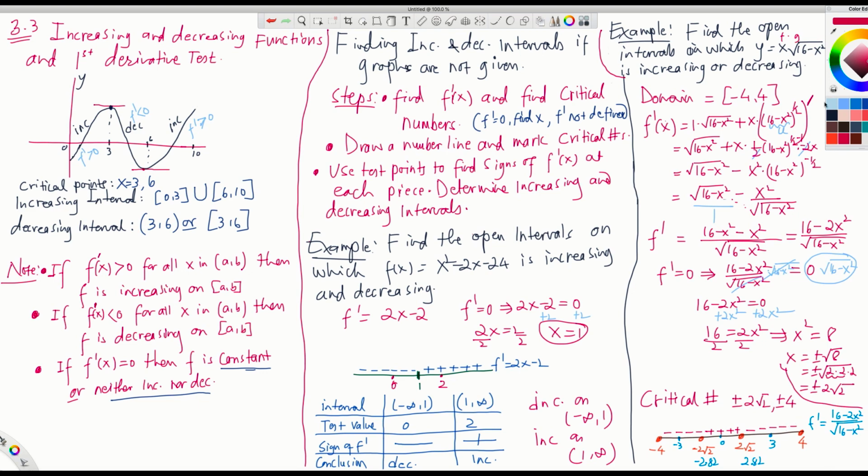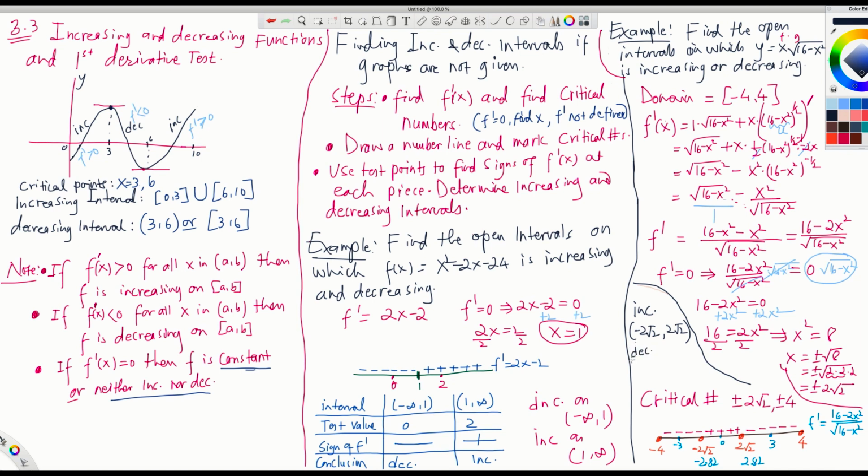So what is your final answer? Let me write down the final answer here because I am running out of space. Okay, what is the increasing interval? Increasing is where it is positive, and the question is asking for the open interval, right? So I would write negative 2 root 2 comma positive 2 root 2. This is where it is increasing. And what is the decreasing interval?